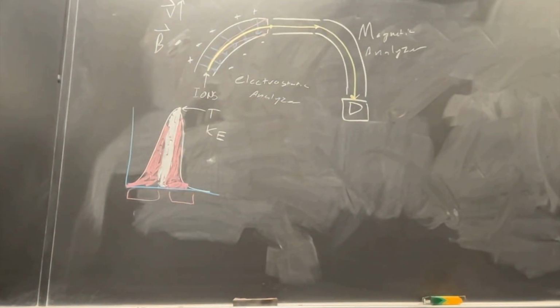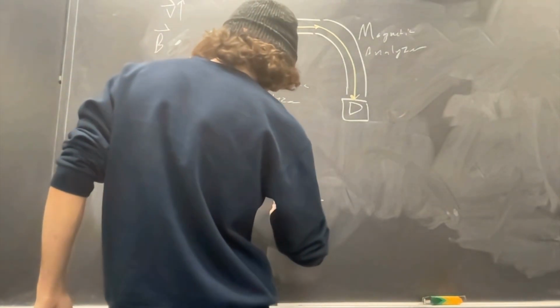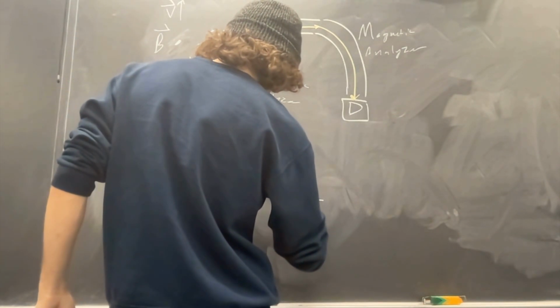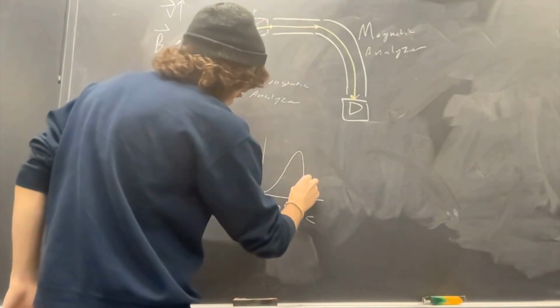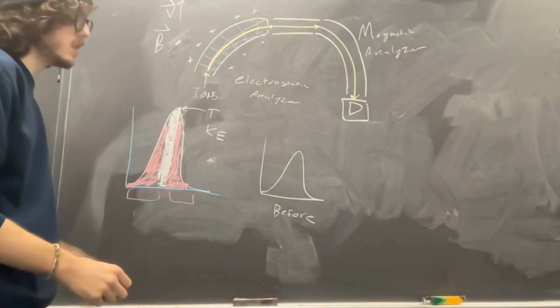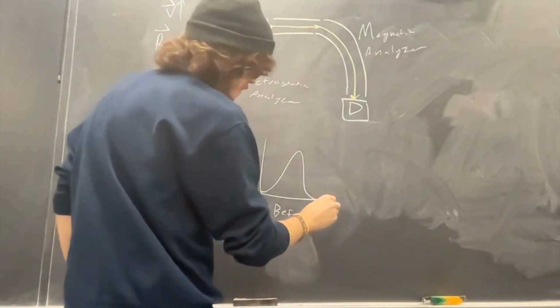So what do we do here? If we considered before, we would have gotten a very broad peak because of this Boltzmann distribution, if we had a signal over time.